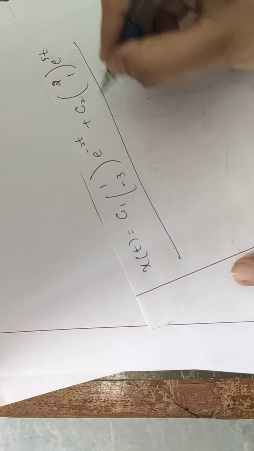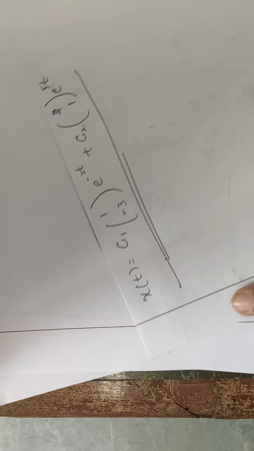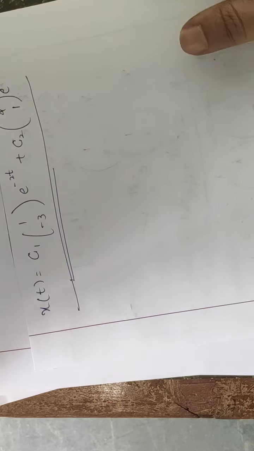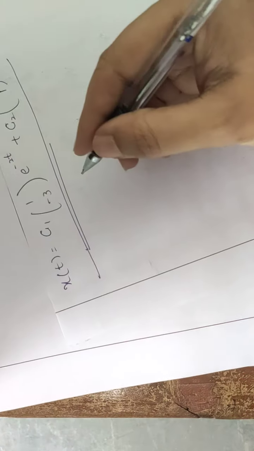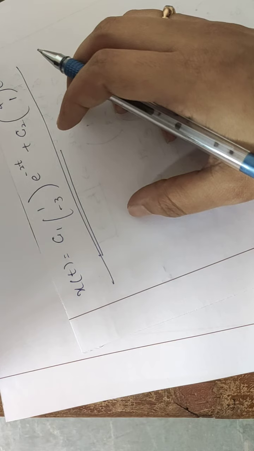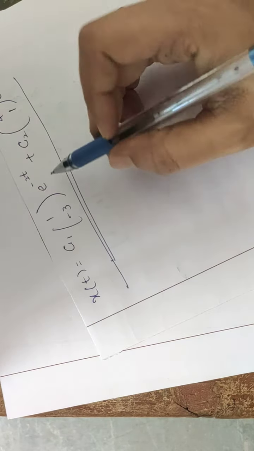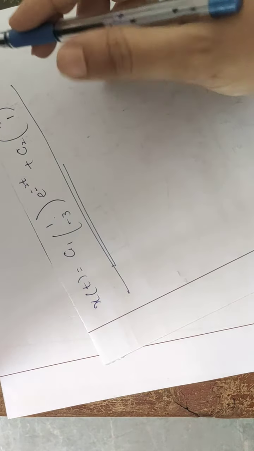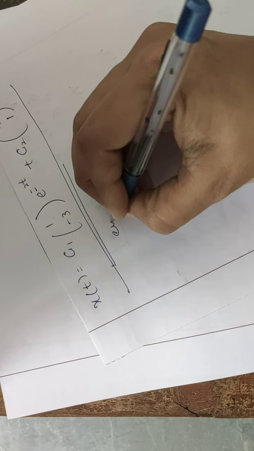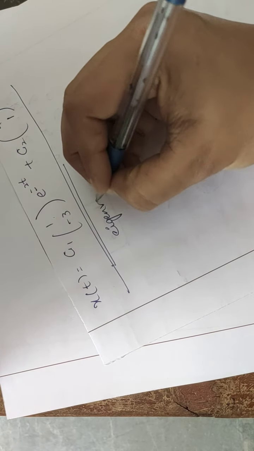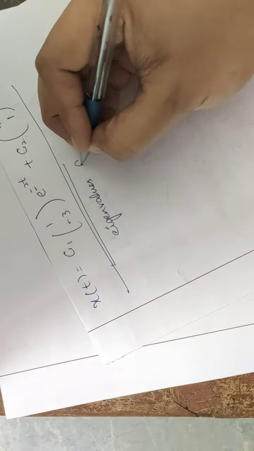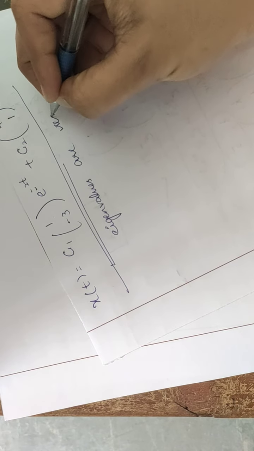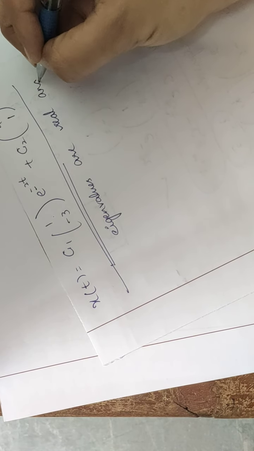This is my general solution. This is all about finding the general solution using eigenvalues and eigenvectors when your eigenvalues are real and distinct.